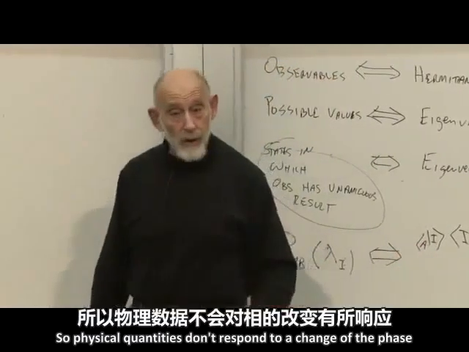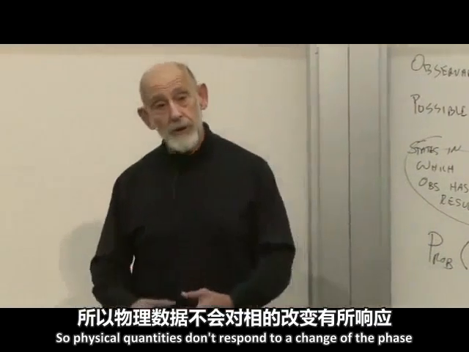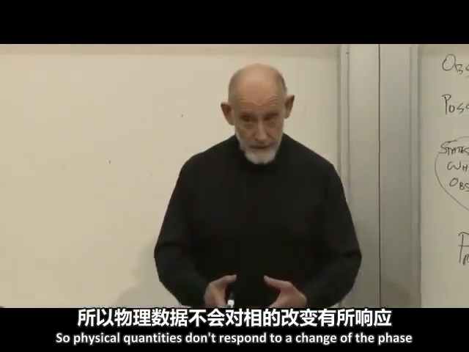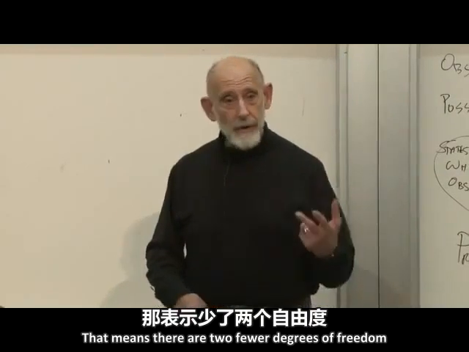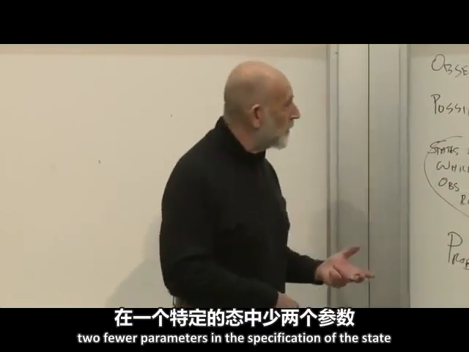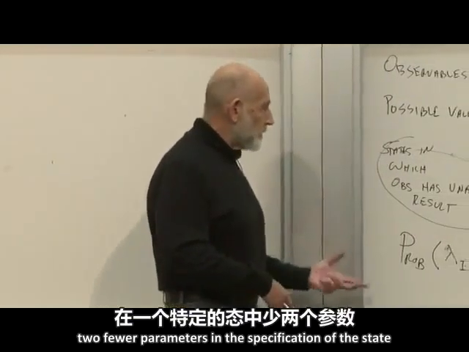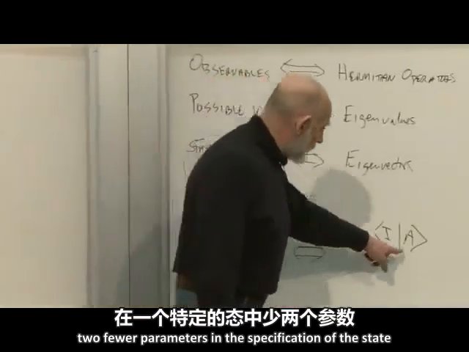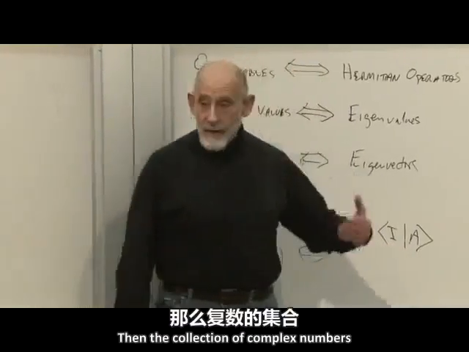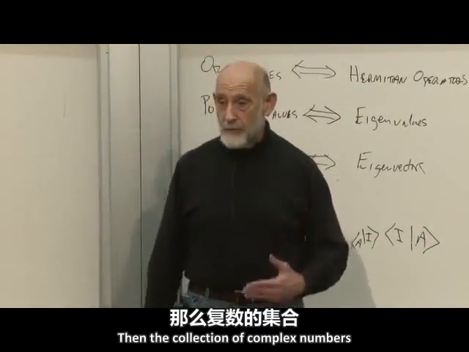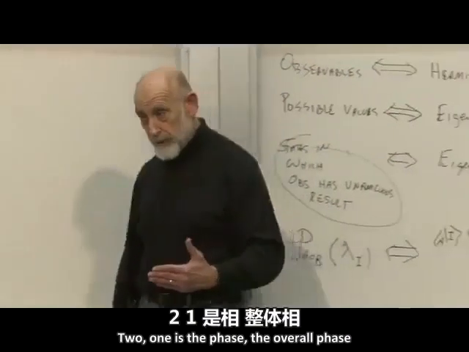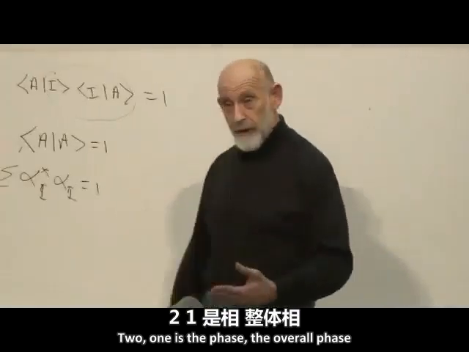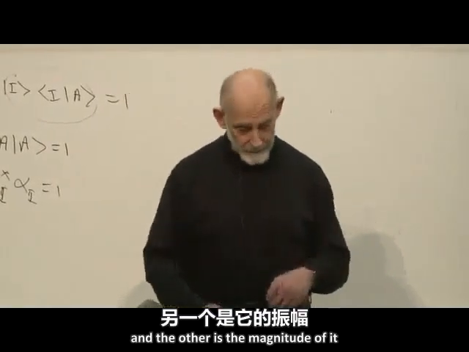So physical quantities don't respond to a change of the phase. That means there are 2 fewer parameters in the specification of a state than the collection of complex numbers that would define a vector in the abstract space. One is the overall phase, and the other is the magnitude. We'll come back to that.